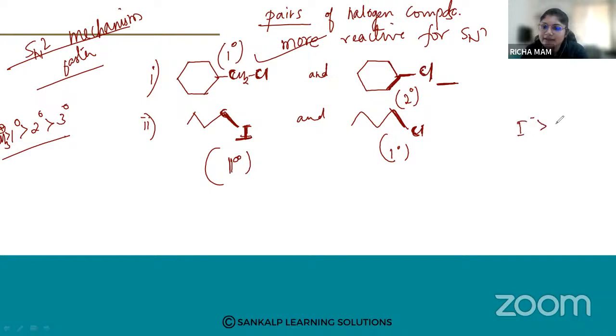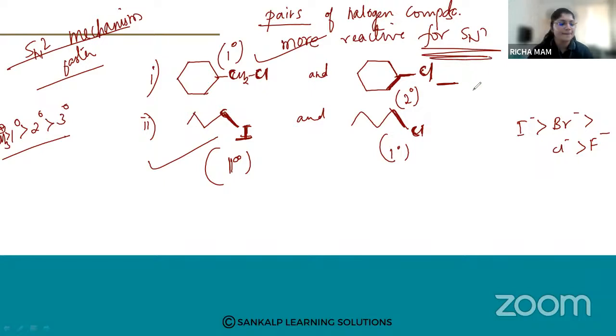I minus is the better leaving group, then Br minus, then Cl minus, and then F minus. So between Cl and iodo, which is the better leaving group? First one. So here I minus is a better leaving group than Cl minus. So this will undergo SN2 mechanism faster. Is it clear? Yes.